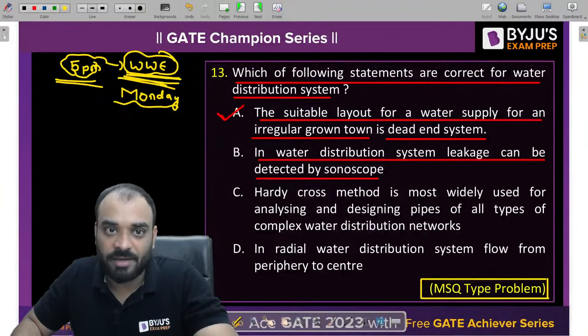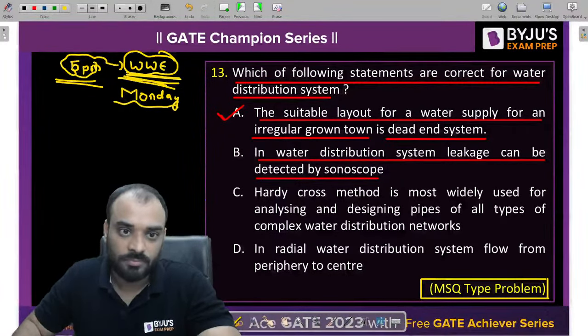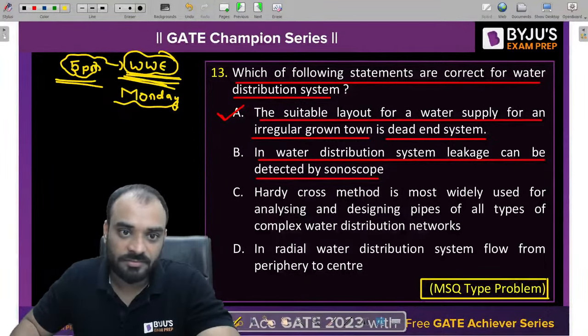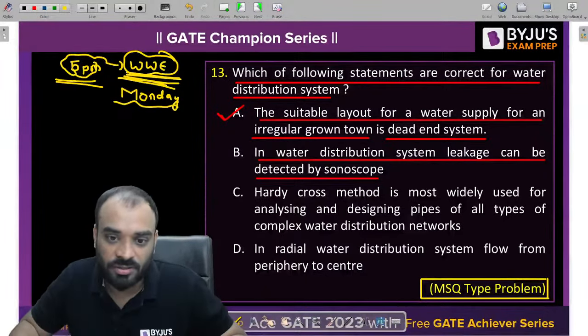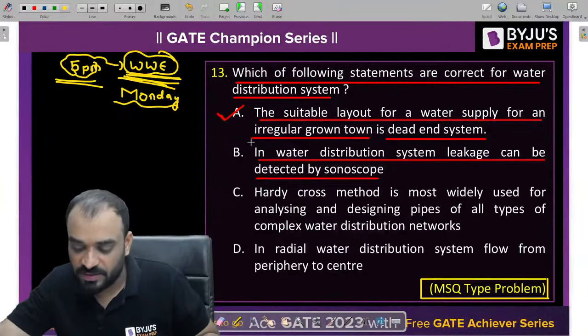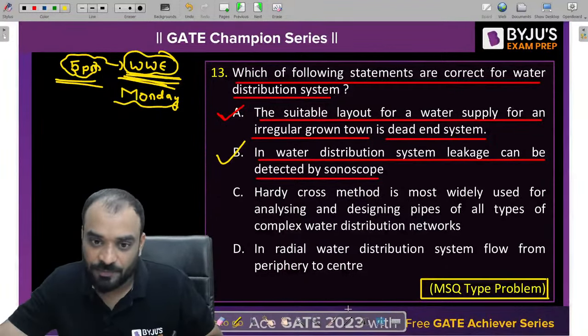Correct? Is this statement correct or not? It is correct. Yes, the sonoscope is basically used to detect leakage.